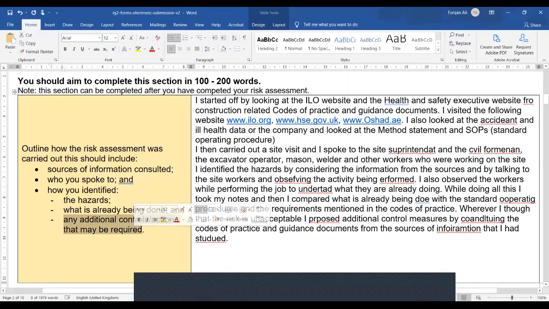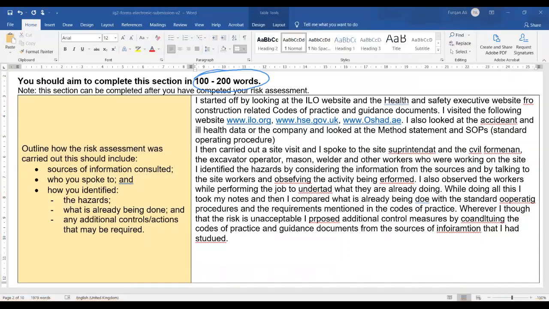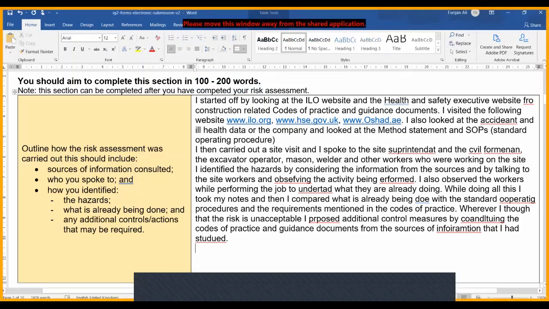Okay, now here at the top you can see that you need to include how many words here? You need to include 100 to 200 words. Okay, so 100 to 200 words in this section, and let's see whether we have covered this. How many words have we mentioned here?